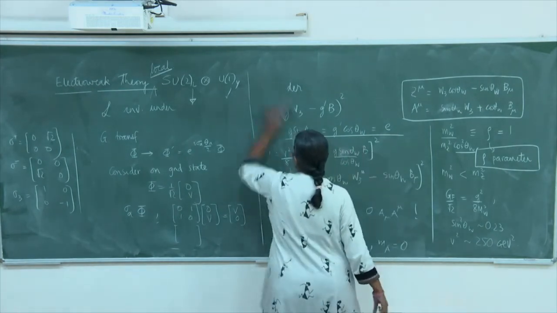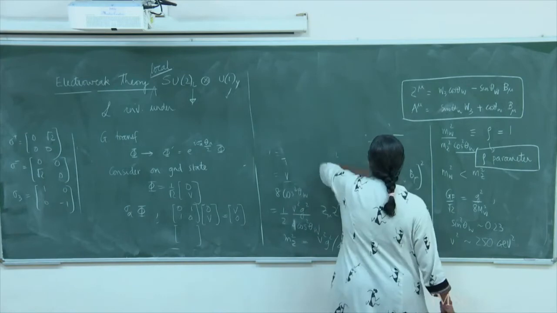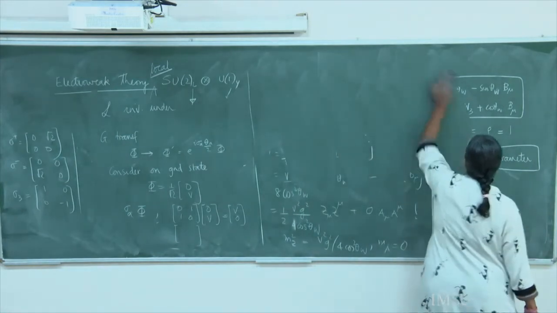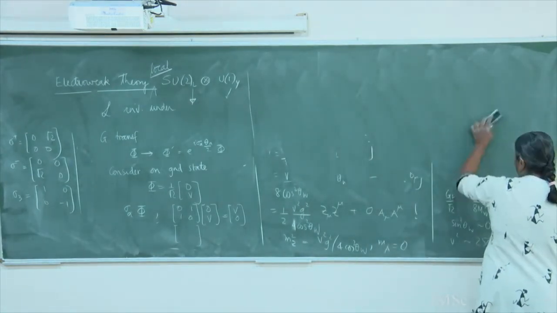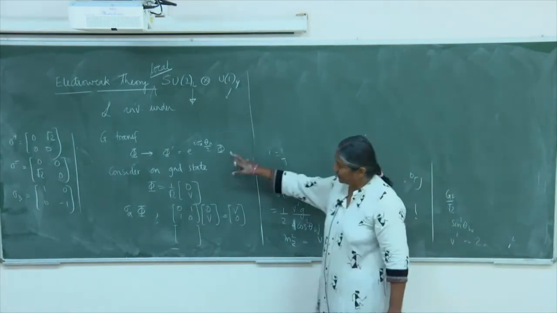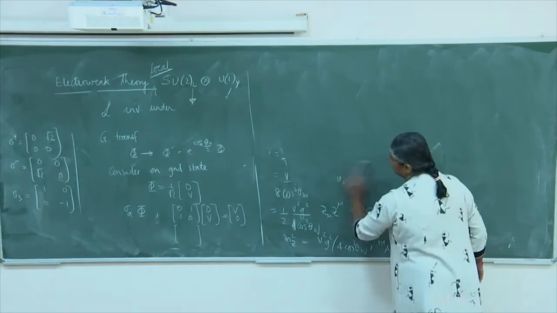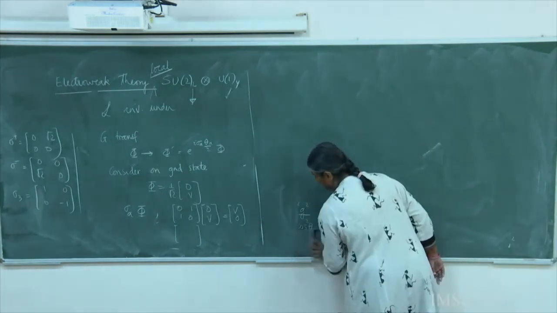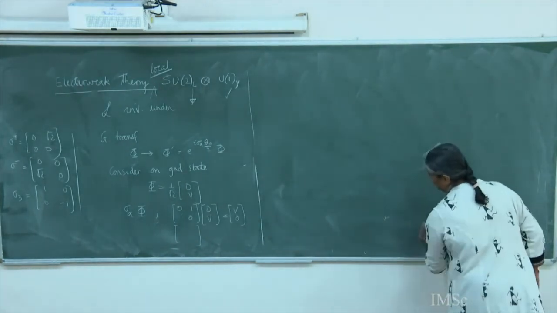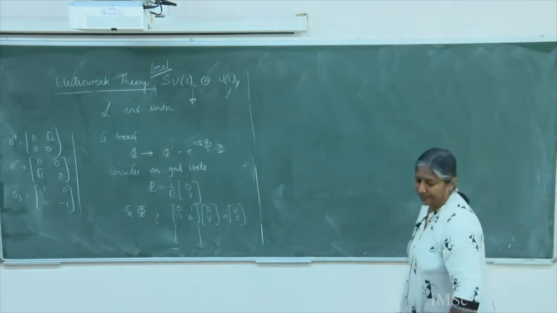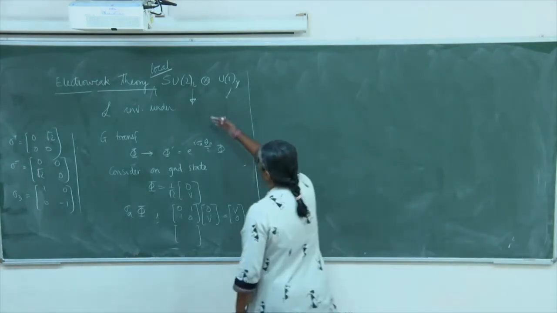Even though we have not tampered with the original Lagrangian, the Lagrangian is invariant under SU2 cross U1. In fact, we have made sure even the coupling to the scalar fields is through the covariant derivative. So we have not tampered with that sector at all, but the ground state is not invariant under that transformation. And so that brings us to the final remark. Let us take only SU2.